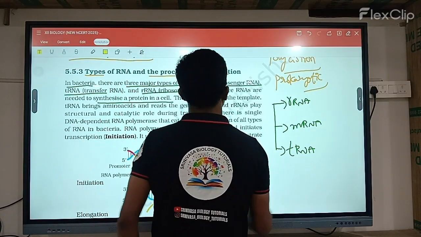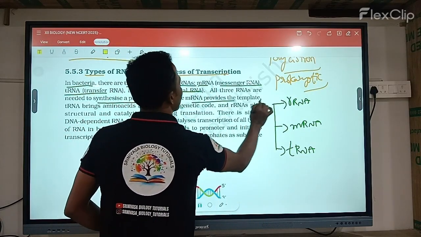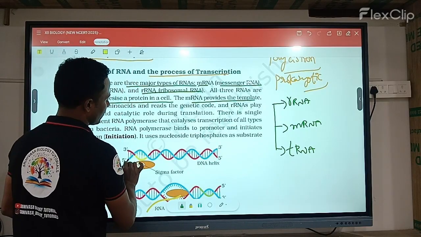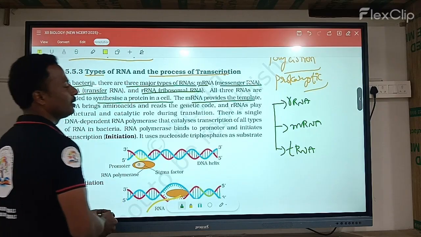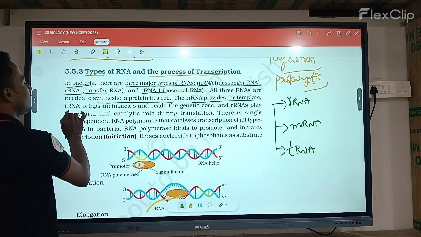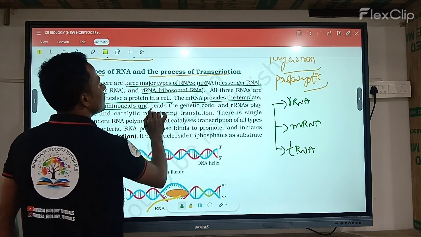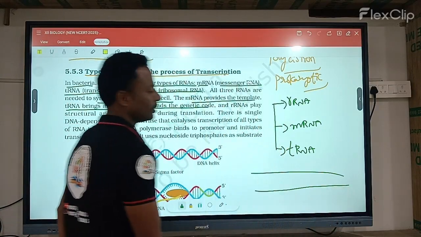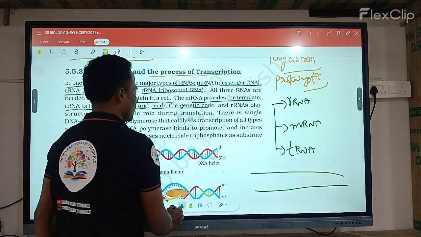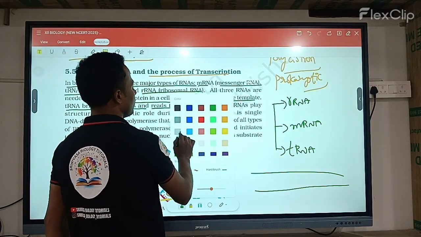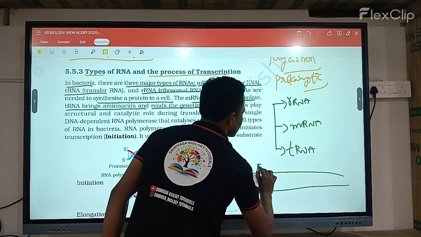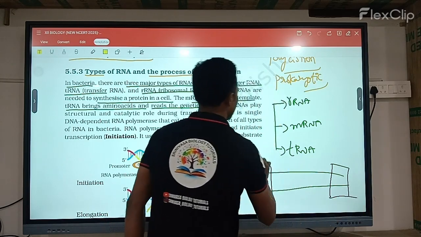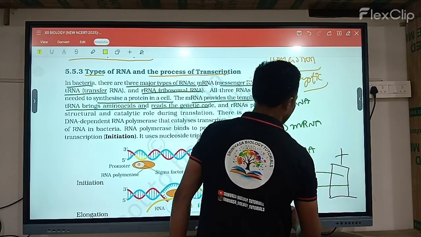Now the mRNA provides the template. We already discussed this, for example, one template strand. The tRNA binds with amino acids and reads the genetic code. Here I am taking this as a template strand. In this template strand, the promoter site is present here and the terminator site is here. It has a promoter, a terminator and a structural gene.